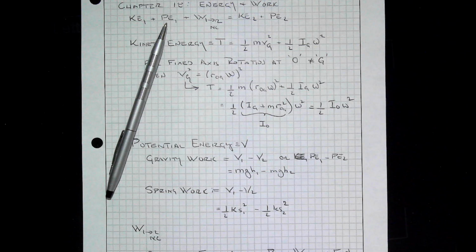We'll have one PE term for every mass. Keep in mind these may be 0, but they are there inherently. So that's our quick review of energy, and we'll stop the video here, and we're going to move to problems right away. See you soon.